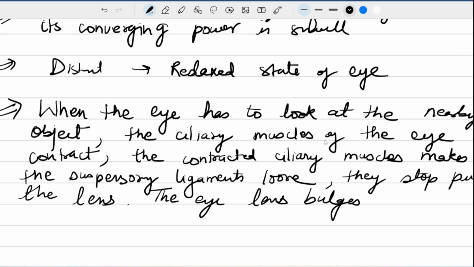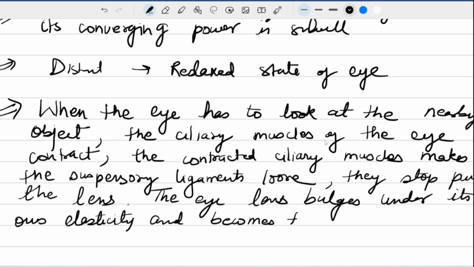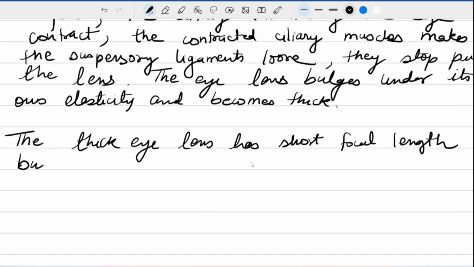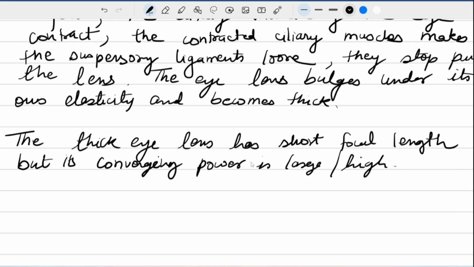The lens bulges out under its own elasticity and becomes thick. The thick lens has small focal length or short focal length, but its converging power is large or high. इतना clear हो गया? Okay.